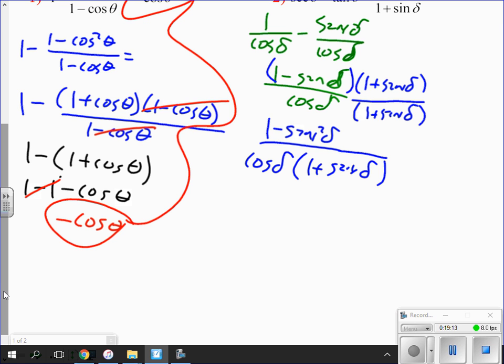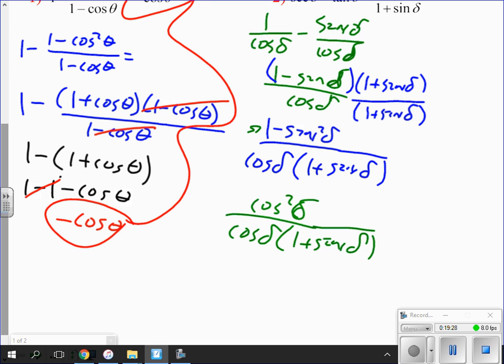So, do the substitution here. Cosine squared over cosine, 1 plus sine. Cosine squared on top. And this is easy. I have cosine squared over cosine. What happens there?